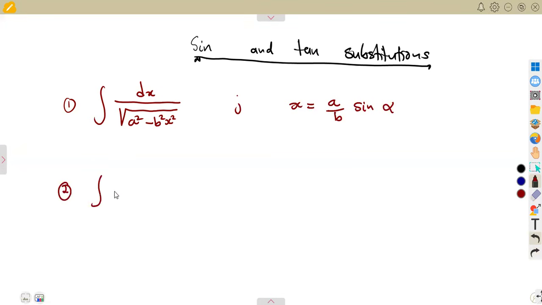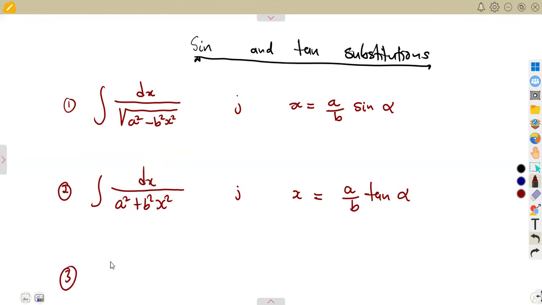All right, again, if you are given the integral with respect to x of, let's say, a squared plus b squared x squared, so we are integrating this with respect to x, our x that we are going to substitute is supposed to be a over b, the tan of alpha.